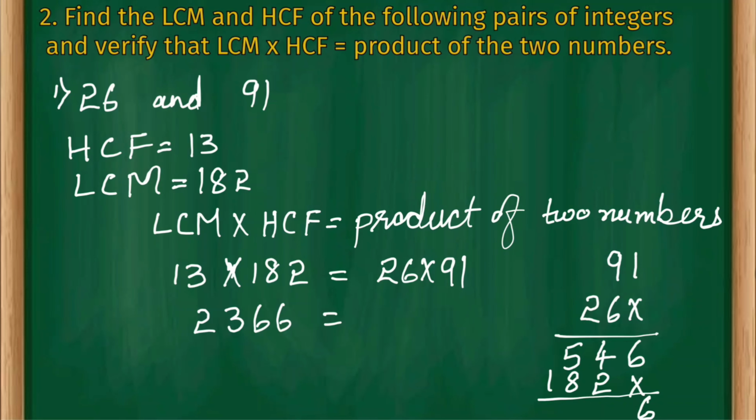After adding these two, we get 6. Then 4 plus 2 also is 6. 5 plus 8 is 13. And 1 plus 1 is 2. So here also we got the same answer, 2366. So our left hand side is equal to the right hand side. Hence we verified that LCM into HCF is equal to product of the two numbers.